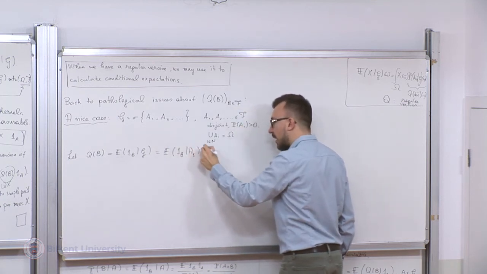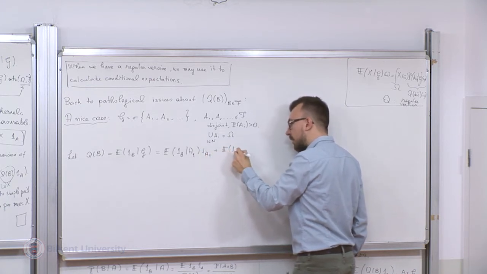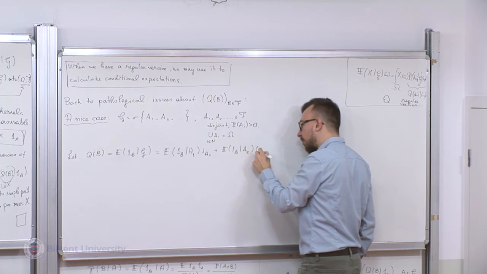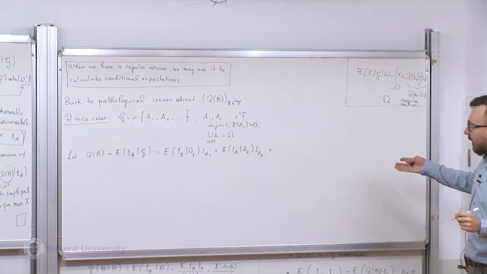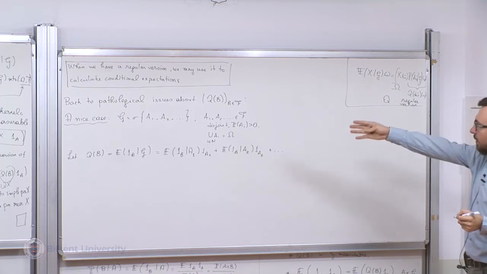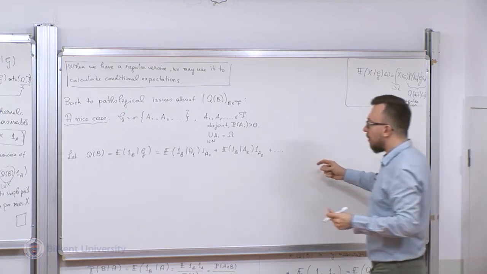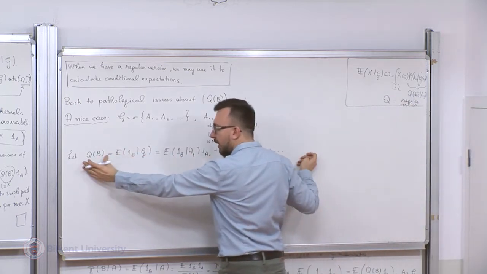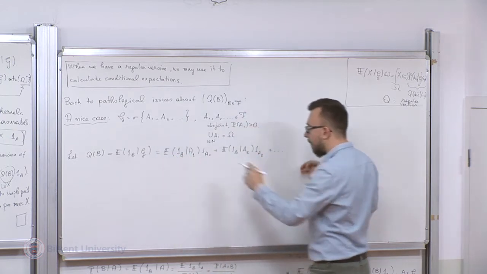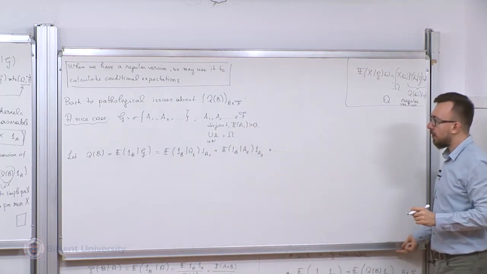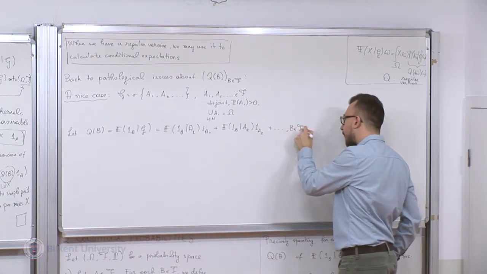So this times indicator A1, this times indicator A2, etc. We did it for a discrete random variable in the first hour. We did it for this case last week. So this is simply a version of QB. This is simply a version of conditional probability, B given G, right? So we do it for every B, okay?